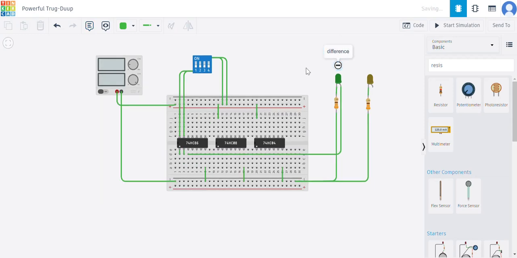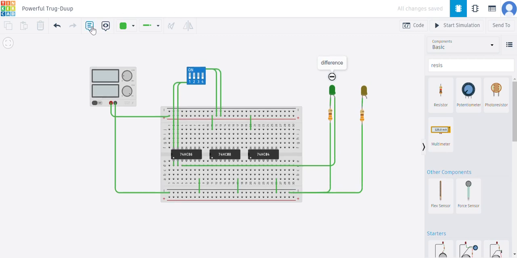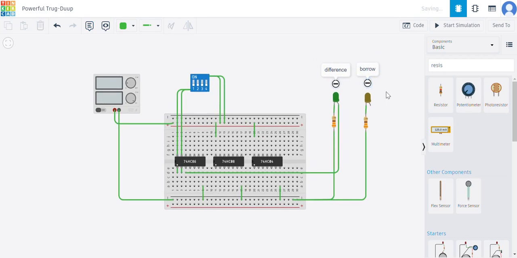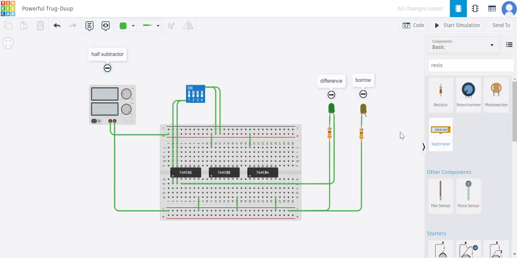And secondly, the other will act as borrow, so we can also name it as borrow. So for neatness, you can also name this part as half subtractor. It is not necessary, but it looks good, so we name it here half subtractor.